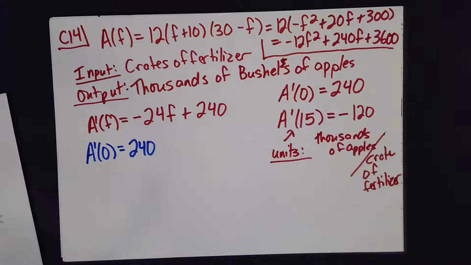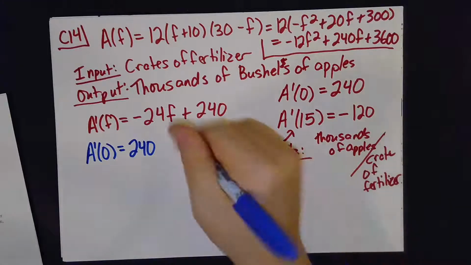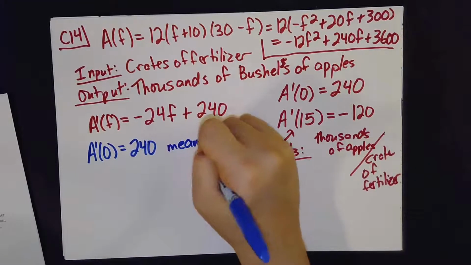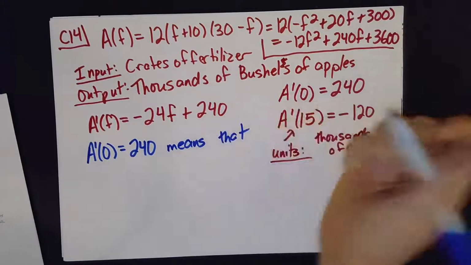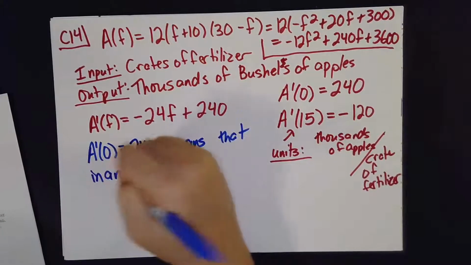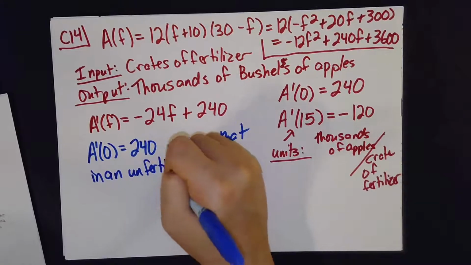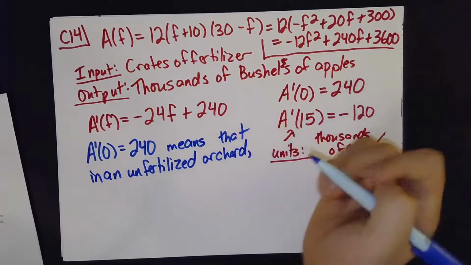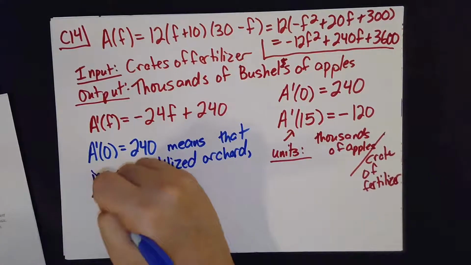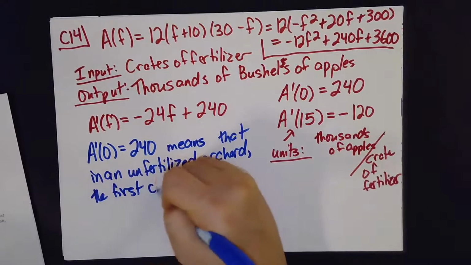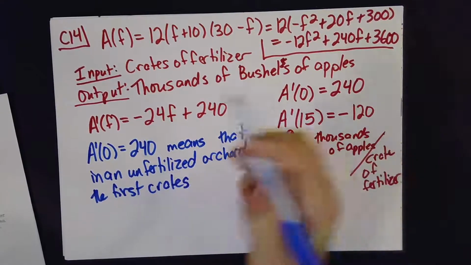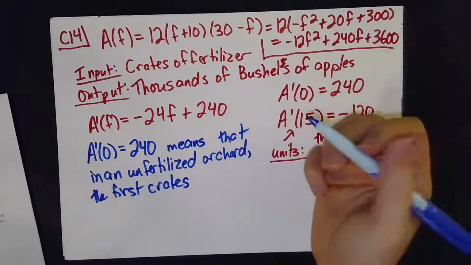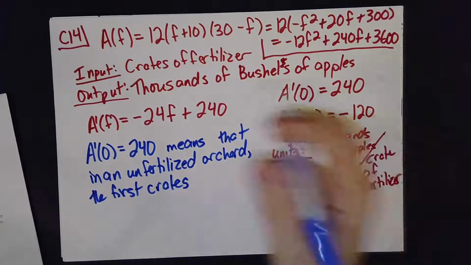If I increase the number of crates of fertilizer, how quickly will the output increase? What this means is that in an unfertilized orchard, the first crates that we add bring 240,000 extra bushels per crate.